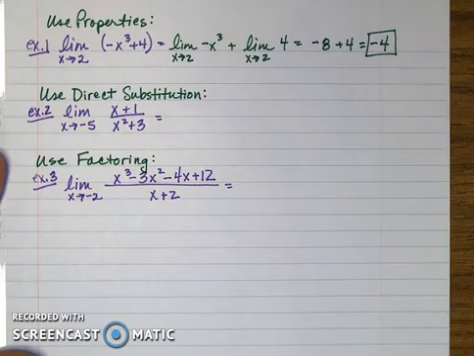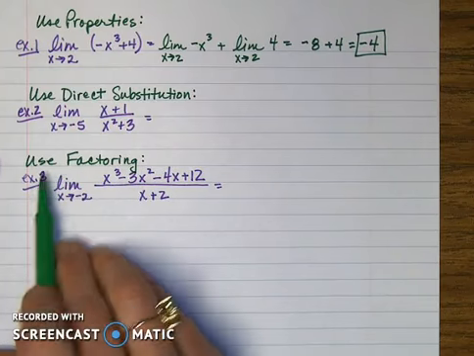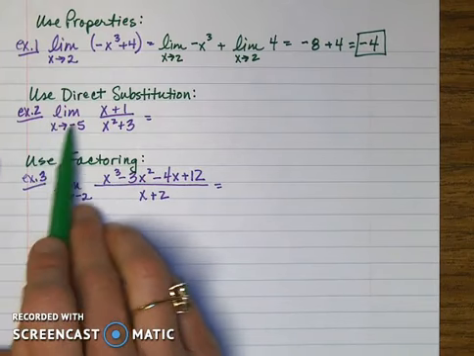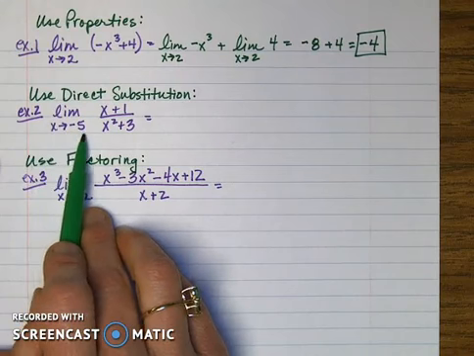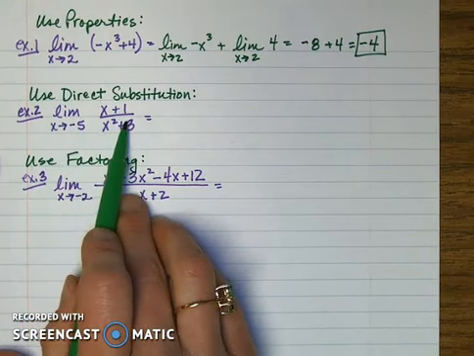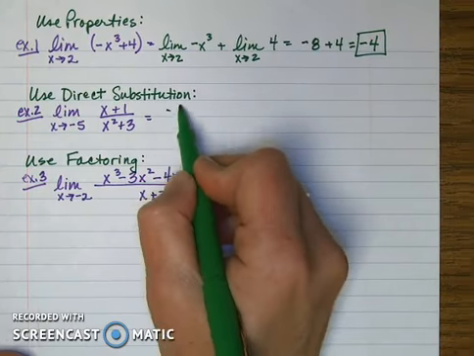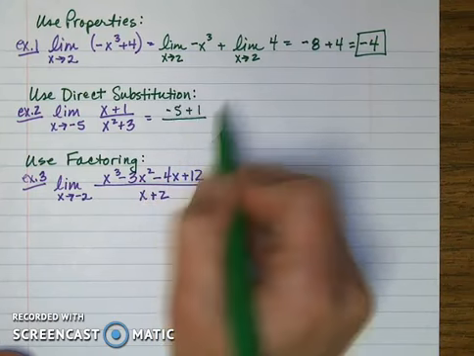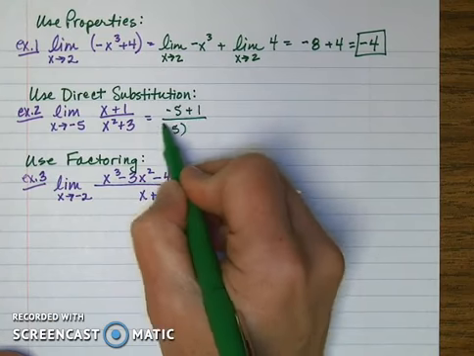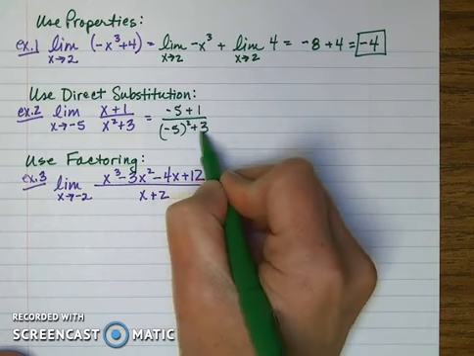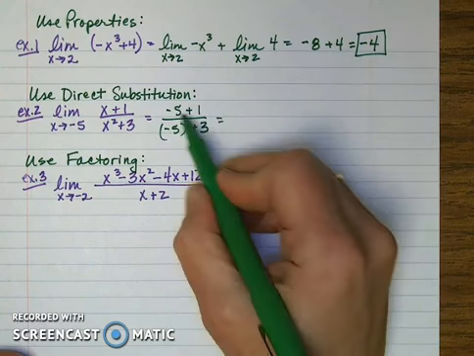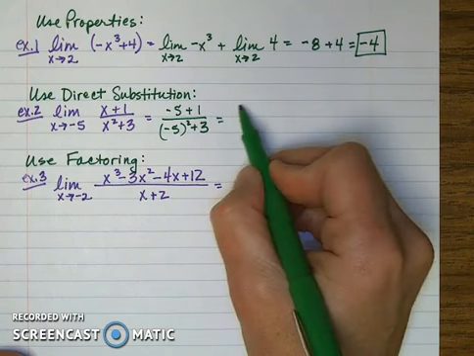Let's try the next one using direct substitution. The limit as x approaches negative 5 of this rational function here. So I am going to evaluate this. I'm going to plug in negative 5 plus 1 and negative 5 squared plus 3. So that gives me negative 5 plus 1 is negative 4.